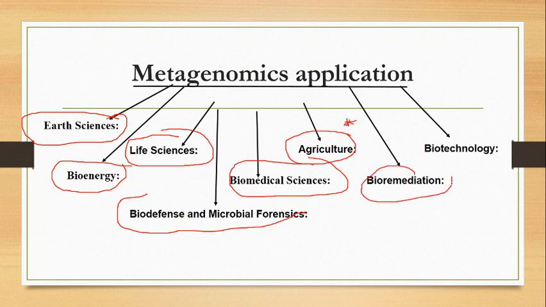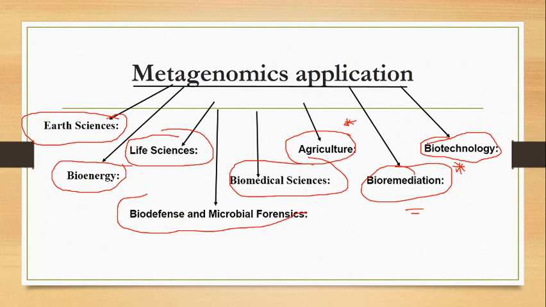It has application in bioremediation, that is environmental pollution control, which is also very effectively managed by learning the metagenomics process, and it even has application in biotechnology. So this is how metagenomics is in contact with many fields, and knowledge of metagenomics can improve these sciences, right? We are going to discuss them one after another, but before this you should know what metagenomics is.